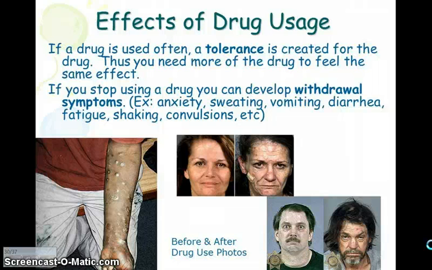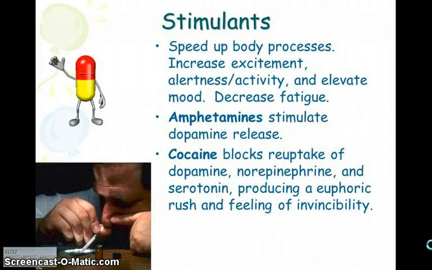By the same token, if a person stops using a drug, at least on certain drugs, you can develop withdrawal symptoms. And those withdrawal symptoms can take a variety of forms, from anxiety to vomiting, diarrhea, convulsions, a variety of things that can happen.